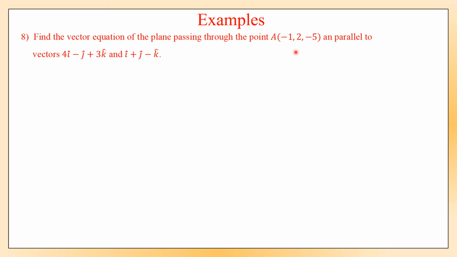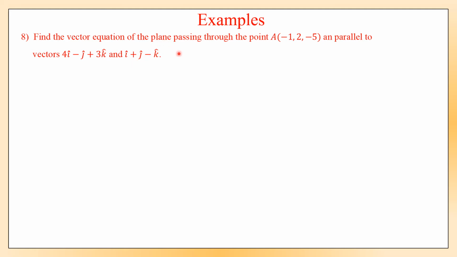Here we are given the plane passing through the point, that is, A vector equal to minus i vector plus 2j minus 5k, and parallel to vectors. Suppose this vector is b vector and this vector is c vector. They are on the plane. Their cross product, b vector cross c vector, is perpendicular to the plane.